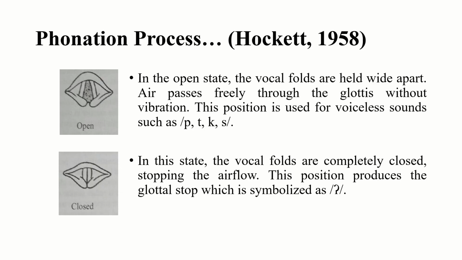This position is used for voiceless sounds like p, t, k, th, s, ch. The next one is the closed glottis. In the closed glottis, the vocal cords are completely closed, and that stops the airflow coming from the lungs. This position produces the glottal stop, which is symbolized as this sound you can see on the screen.